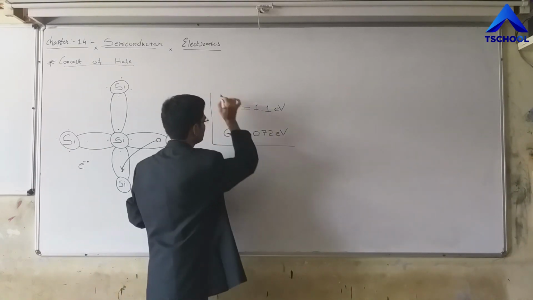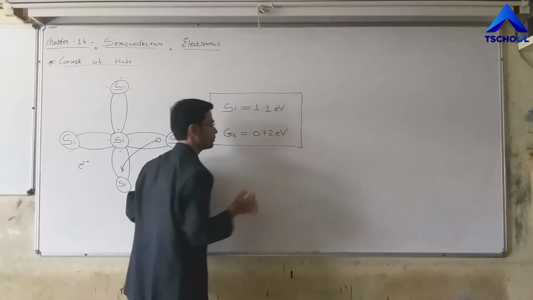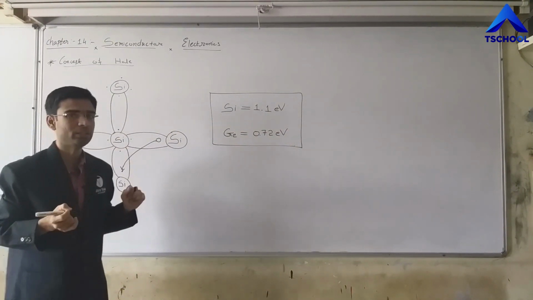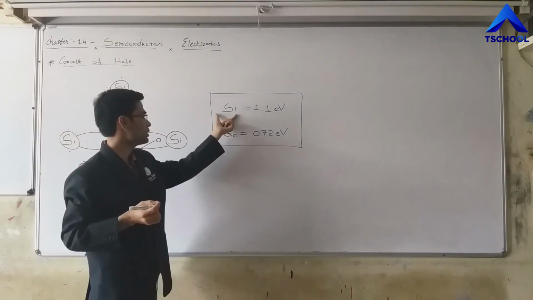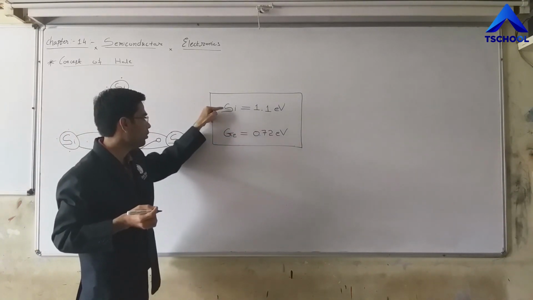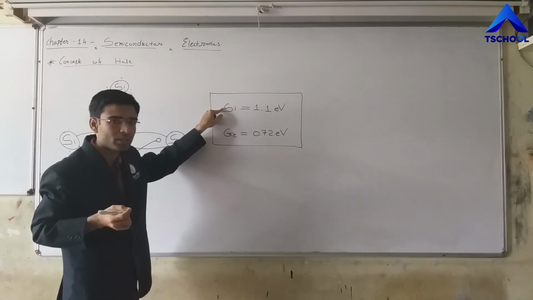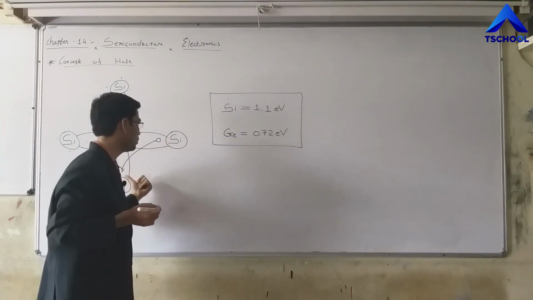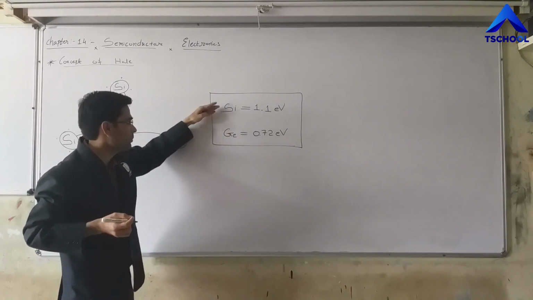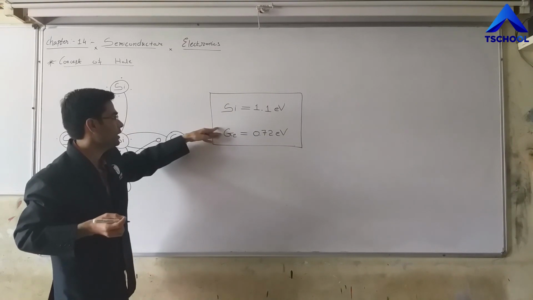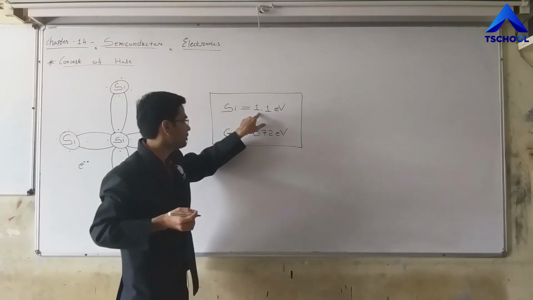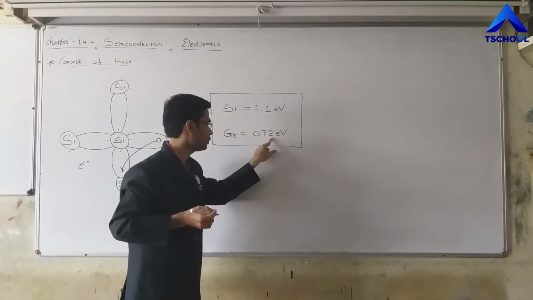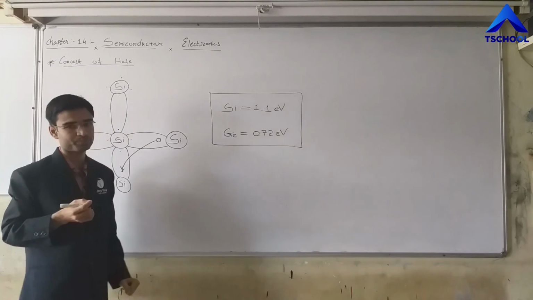This is a most important question from the examination point of view in the Gujarat board, in the first 50 MCQs, a frequently asked question. The minimum energy required to escape the covalent bond for silicon and germanium atoms is 1.1 electron volt for silicon and 0.72 electron volt for germanium. Understood?